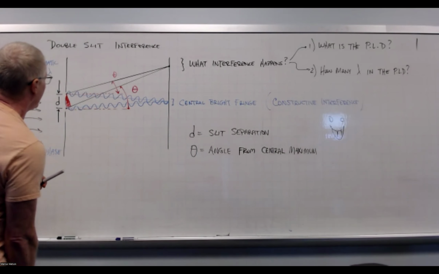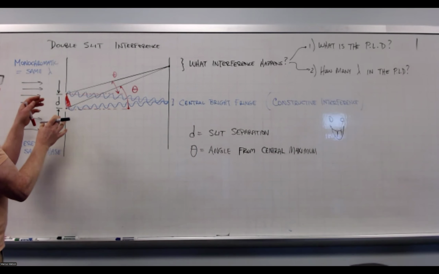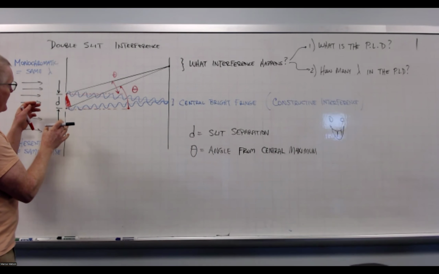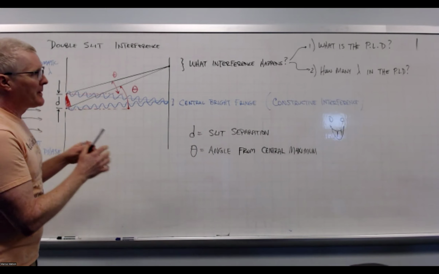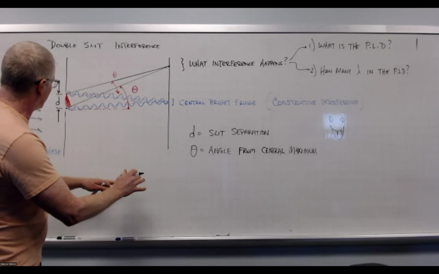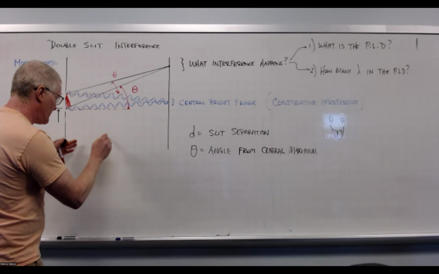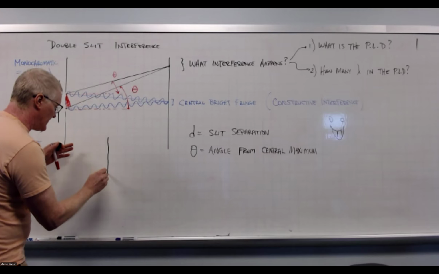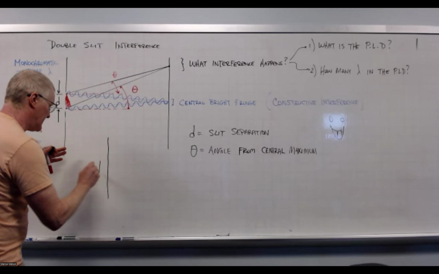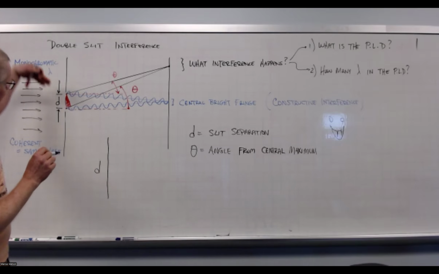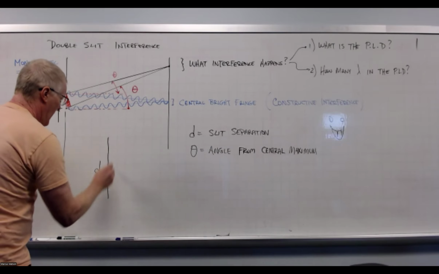Okay, so with that, I'm going to redraw this triangle and make it a little bit bigger so we can see it. I'm just going to do that right down here. It looks like this. So this side is D here, and then I've got that going normally out to this one.